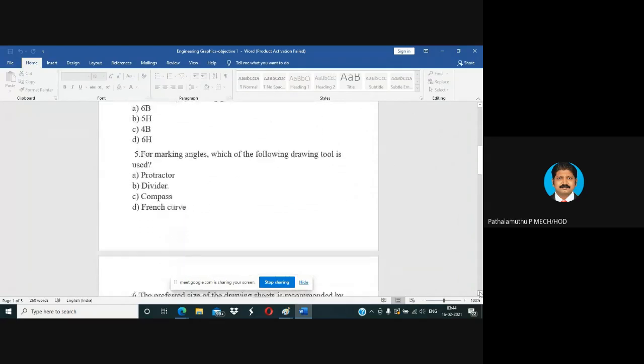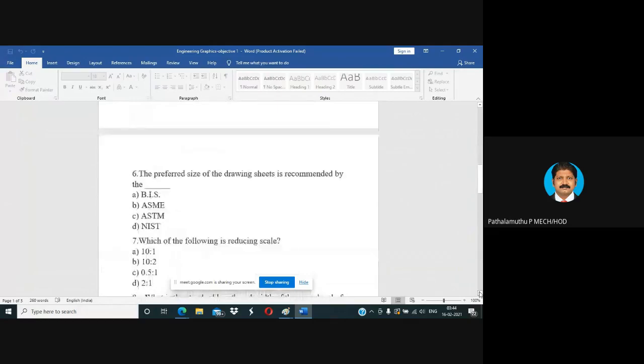Sixth question: the preferred size of the drawing sheets is recommended by the options BIS, ASME, ASTM, NIST. BIS means Bureau of Indian Standards. ASME means American Society of Mechanical Engineers.